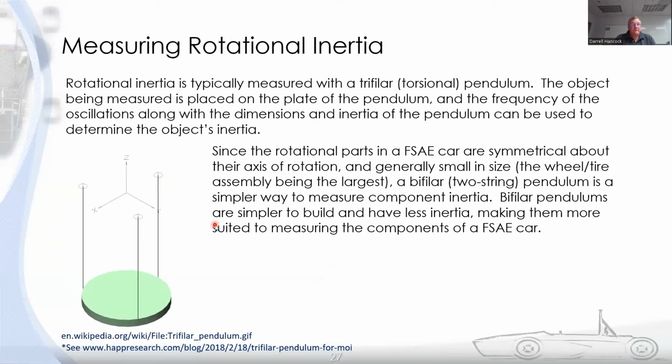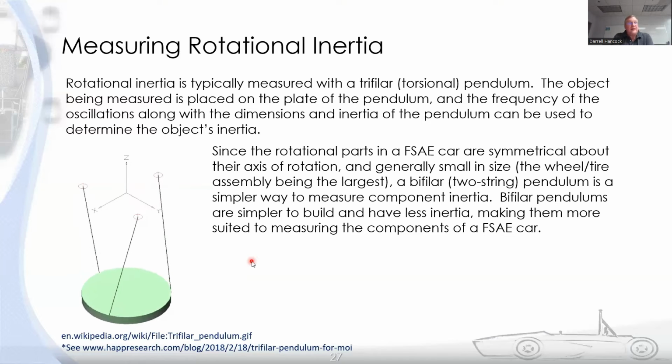But you can do very good yaw inertia calculations, though there would be a lot of work involved. So I don't recommend trying to measure the yaw inertia of your car, although it's a straightforward thing to do. It's just a challenge to make all the fixturing and support it properly.